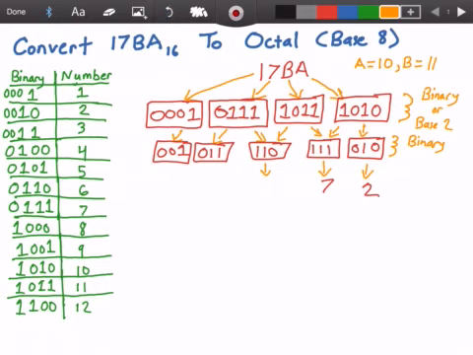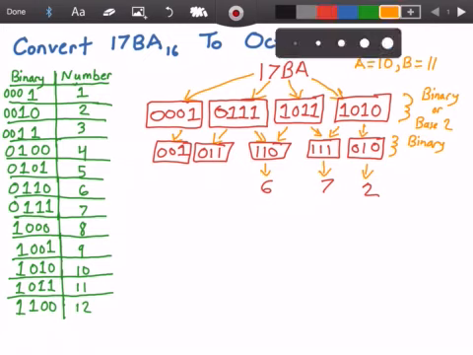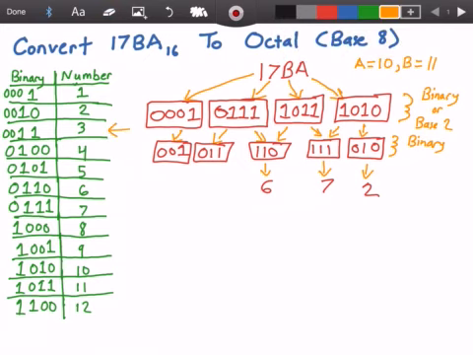And that's the value 6. So we're going to put 6 here. And then we have 011. So 011 is, let's look, here it is. It is the number 3 in base 10. So 011, which is the binary digit, is the number 3 in base 10.